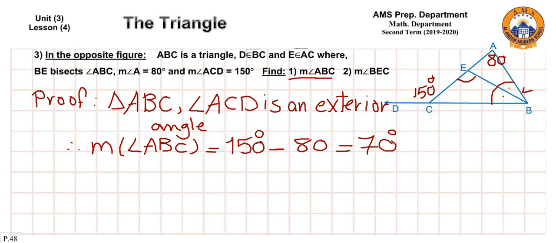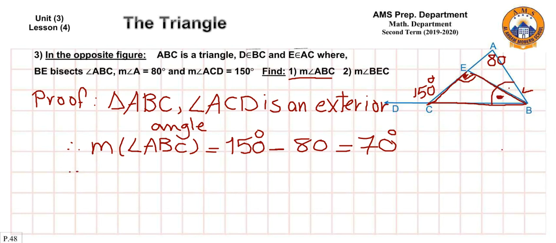Okay, so in the smallest triangle, this one, we can do the same and find the measure of this angle. But first we have to find this angle.